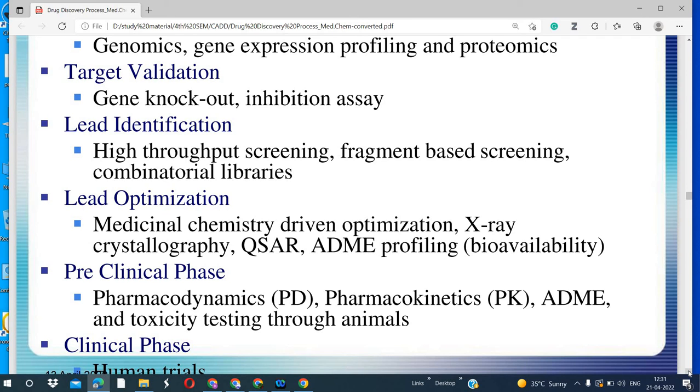This also involves ADME analysis: absorption, distribution, metabolism, excretion, and toxicity testing is also done through animals. So for toxicity testing we use animal testing. I have previously told you that in the preclinical phase we do the testing on animals. Before that we do some analysis, pharmacodynamics and pharmacokinetic analysis.